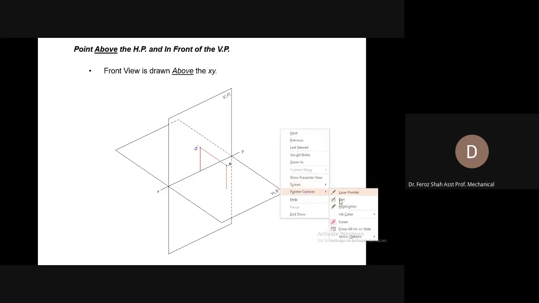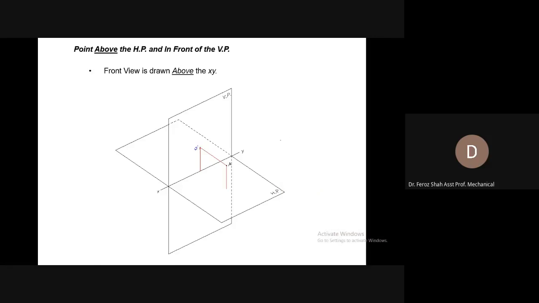So you can see that in this case the front view has been drawn at the vertical plane and above the XY reference line. For the top view, you will look at it from above, or you can also look at it from the bottom as well. If you are looking at it from above, this projector or ray would project the image of this point on the horizontal plane at this position.